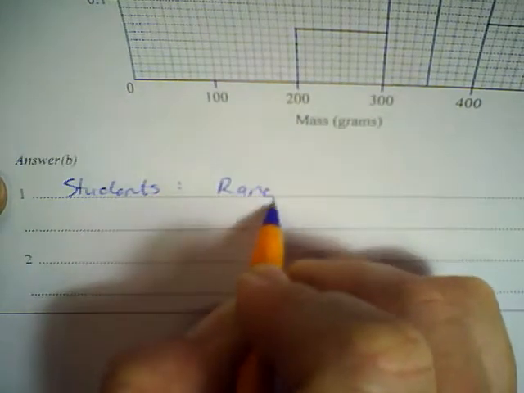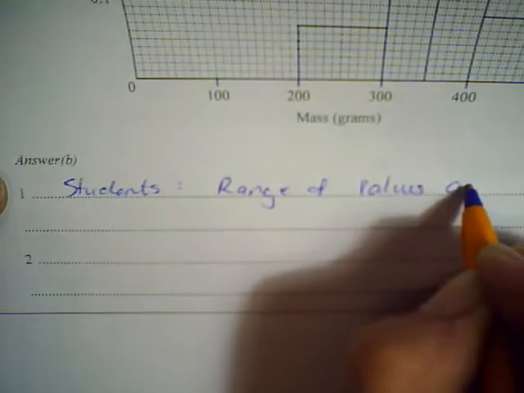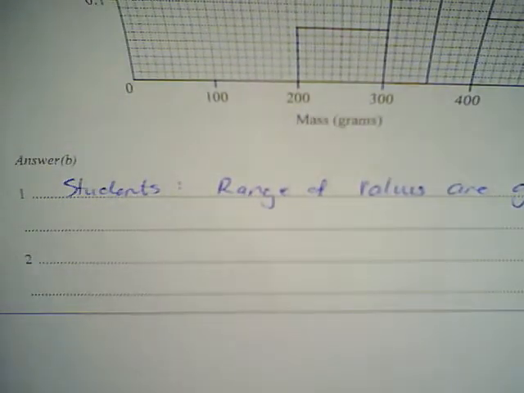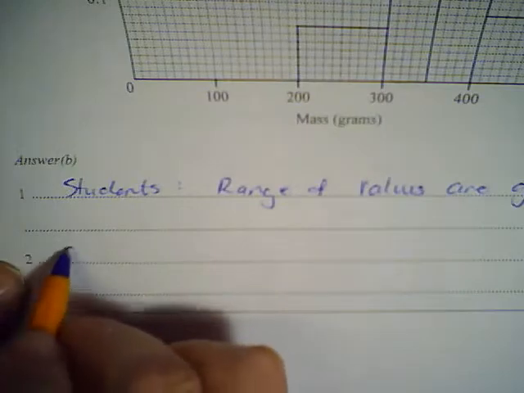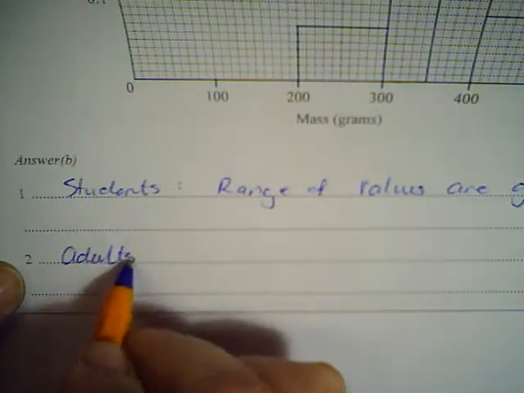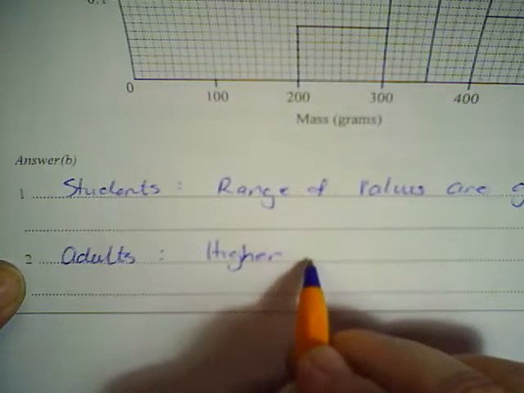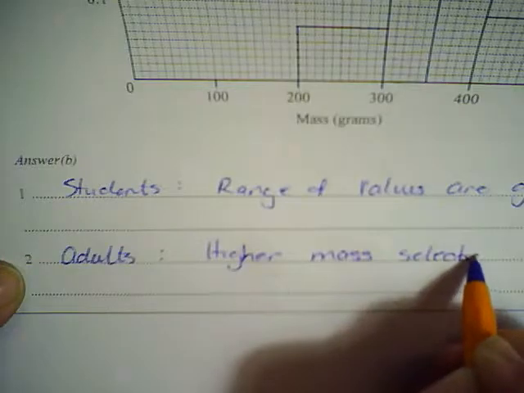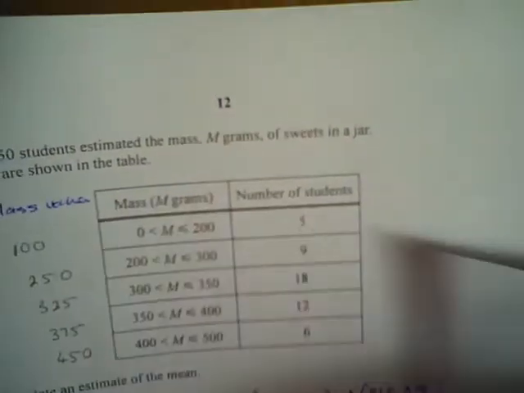The range of values are greater. And what happens to the adults? Adults do seem to have selected higher masses. Okay, good. So that concludes question 7.